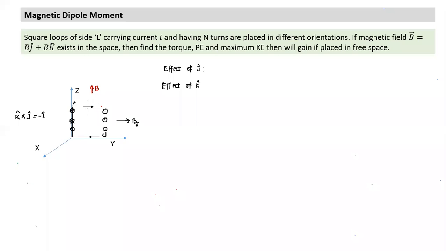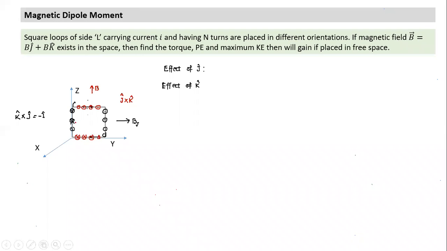This direction is along J cap and this is K cap. The force on this element will be along J cap cross K cap, J cap cross I cap. So the direction of force on this element is like this, and the direction of force here will be like this.